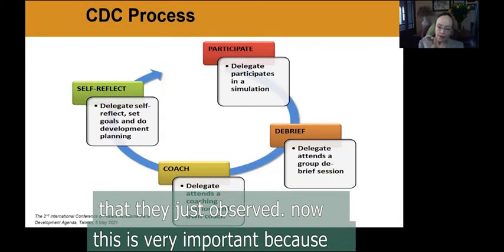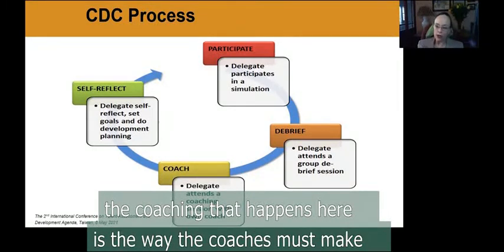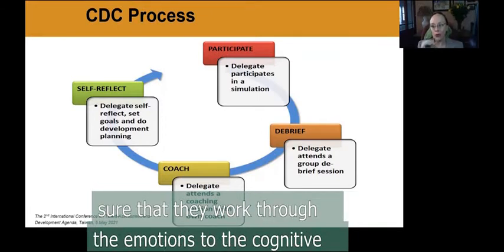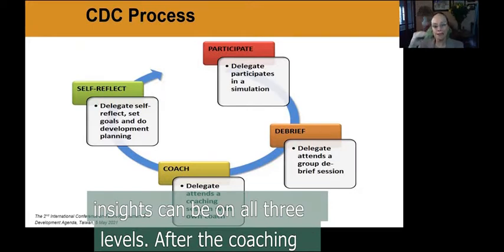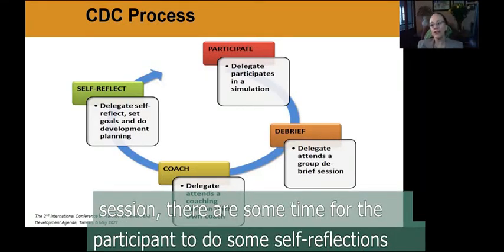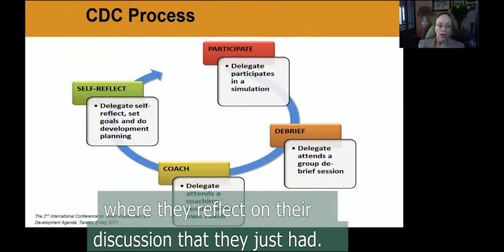Now, this is very important because the coaching that happens here is where the coach must make sure that they work through the emotions to the cognitive level, to the visible behavior level, so that this person's insights are on all three levels.